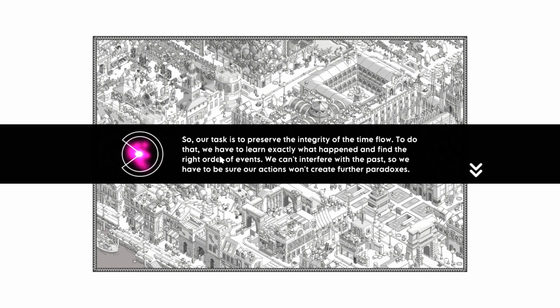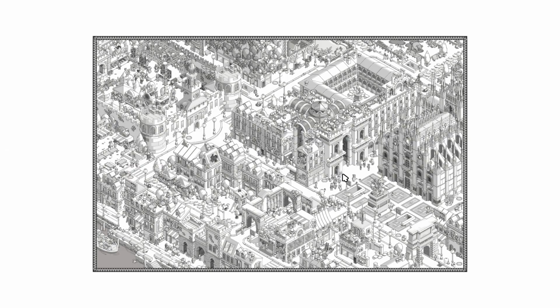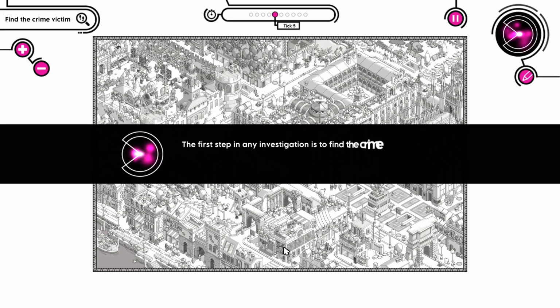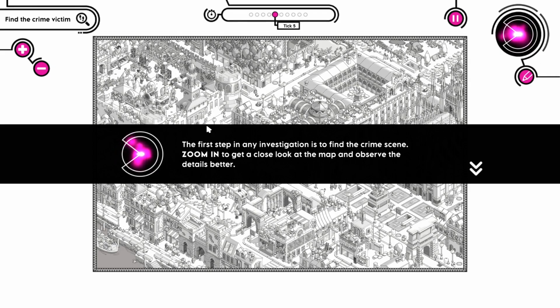To do that, we have to learn what happened and find the right order of events. We cannot interfere with the past, so we have to be sure our actions won't create further paradoxes. The first step in any investigation is to find the crime scene.